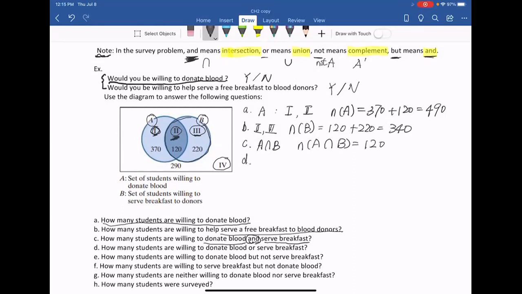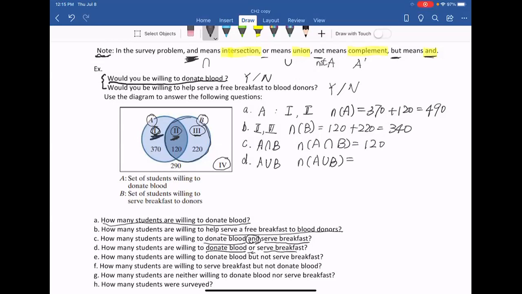And D, how many students are willing to donate blood or serve breakfast? That means A union B. The number of this A union B is what?